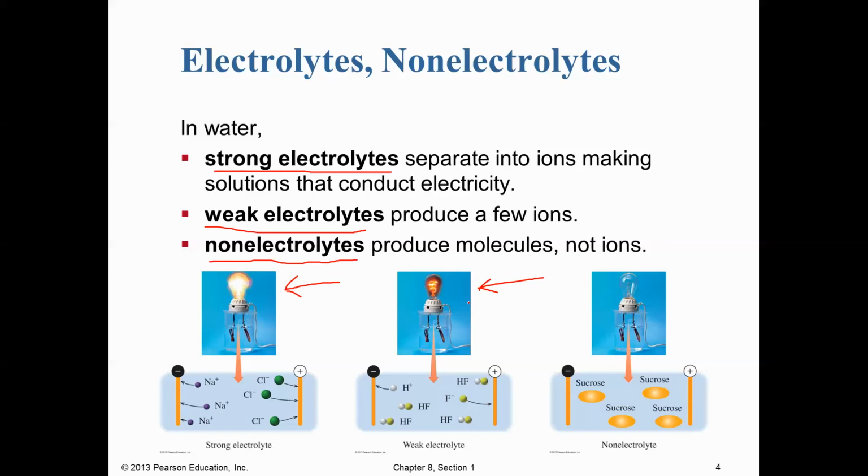So that's why we have the dim bulb here versus we had the very bright bulb in the previous picture. And then over here we have a non-electrolyte, and we can see that there is no light coming from this light bulb. So this one is a non-electrolyte, and the problem is because we have no ions, our water can't conduct electricity.